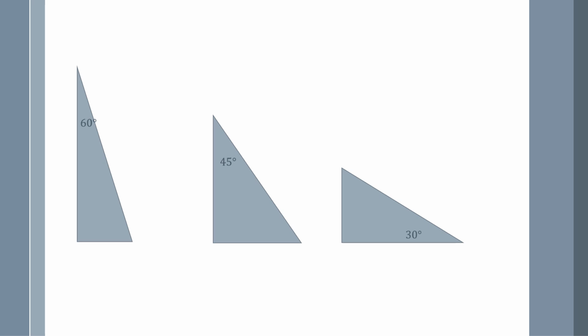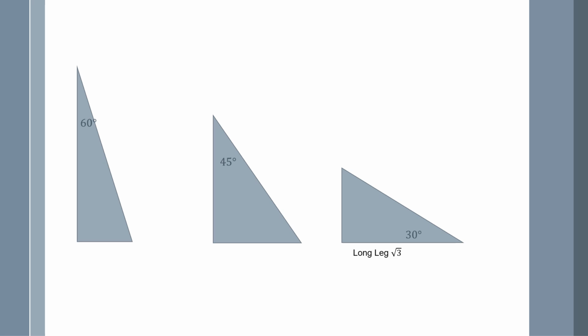All right? So I know you guys were asking about the 30-60 triangle, which I told you separate. You were wondering if the long leg and the short leg are going to stay the same or flip around. Well, they are going to flip around. So let's look at the 30 degree first.